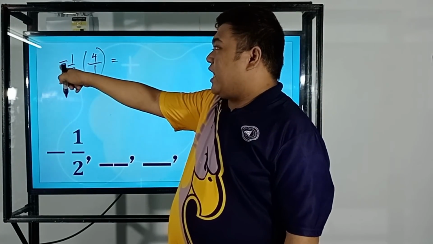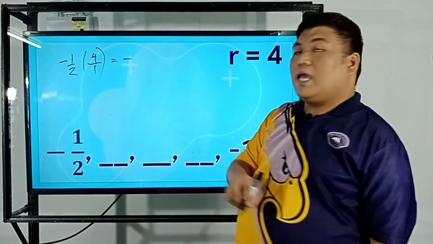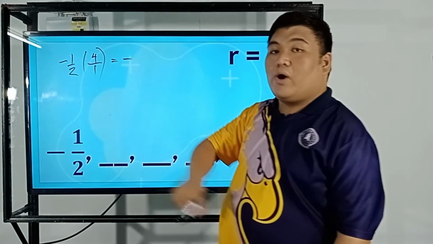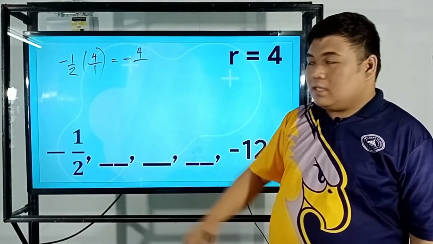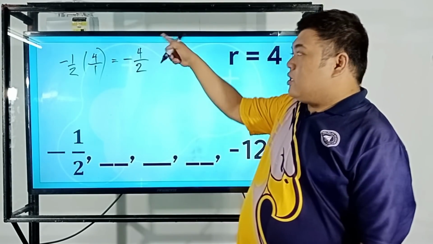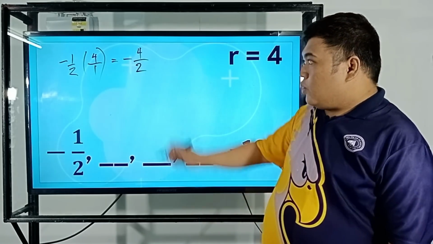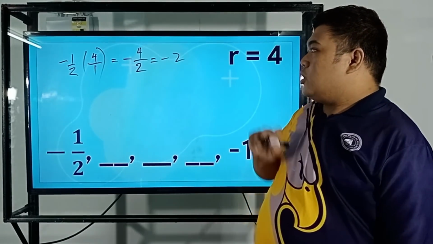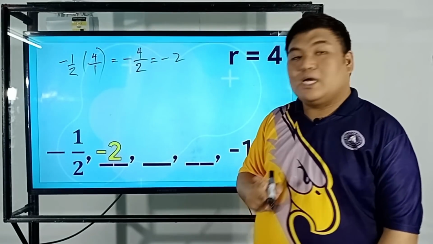So we have negative 1/2 times 4 over 1, different signs, so the answer is negative. 1 times 4 is 4 over 2 times 1 is 2. Is there a lowest term? Yes. Negative 4 divided by 2, we can divide, right? Is equal to negative 2. So that is our second term.